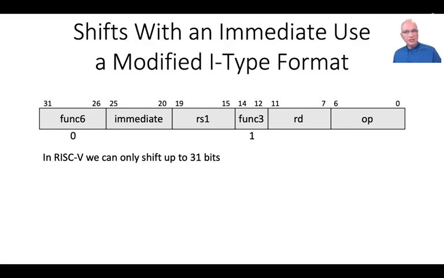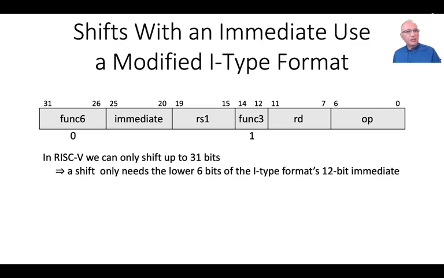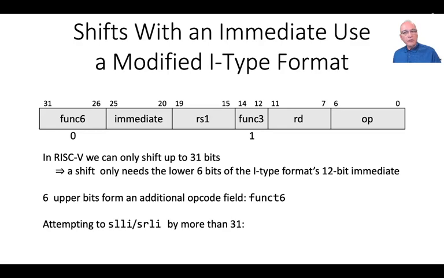Therefore, 6 bits are reserved for the value of the immediate, and the other 6 bits are reserved for an additional opcode field. That's the func6 opcode field. If you attempted to shift left or shift right immediate by more than 31 in the RARS simulator, it is going to give an error saying that the operand is out of range.